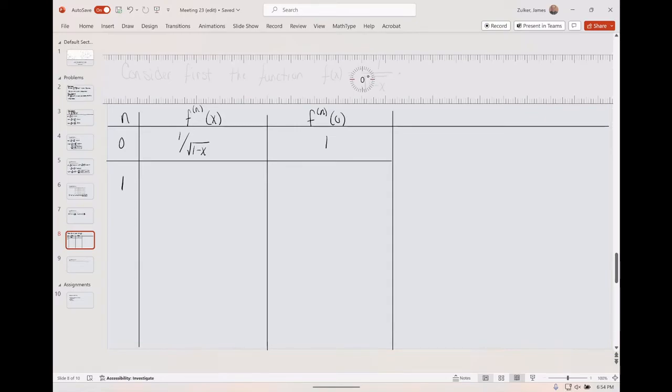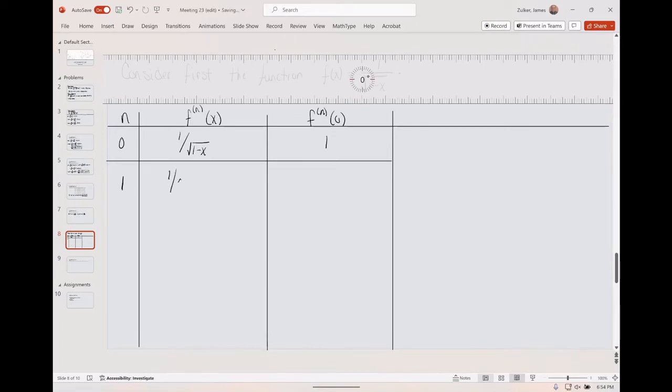It'll be something times u to the -3/2. Now we need to multiply that by the derivative of u. What's the derivative of 1 minus x? -1. Yeah. Put it all together.